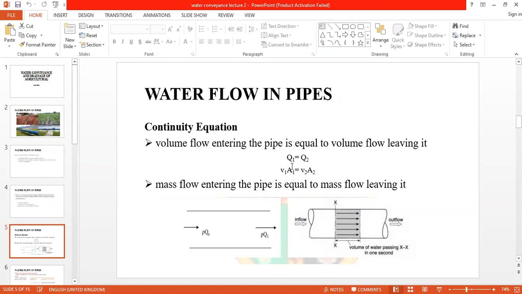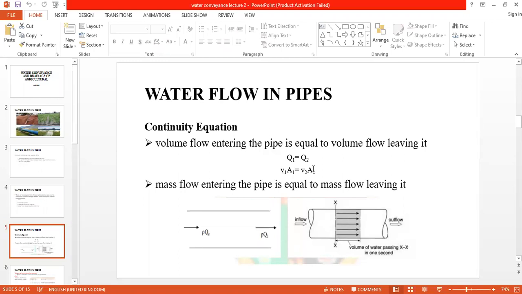And from yesterday's lecture, we said that the discharge can be found by multiplying the velocity of the water flow by the area of the pipe through which the water is passing. So at point 1, the velocity multiplied by the area at point 1 should be equal to the velocity multiplied by the area at point 2.